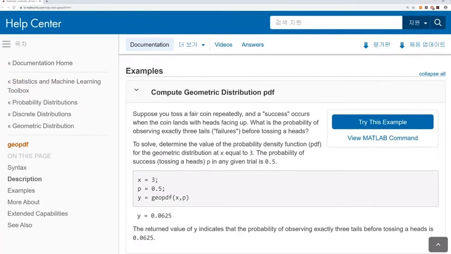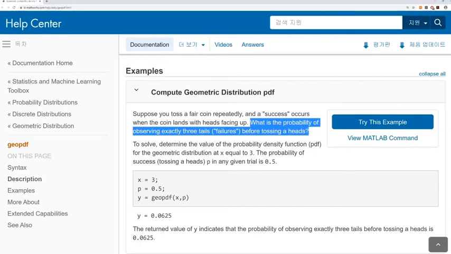Details. So what it calculates is, instead of the nth trial, the number of trials before success. So the random variable x here indicates the number of so-called failures before eventually observing the success.